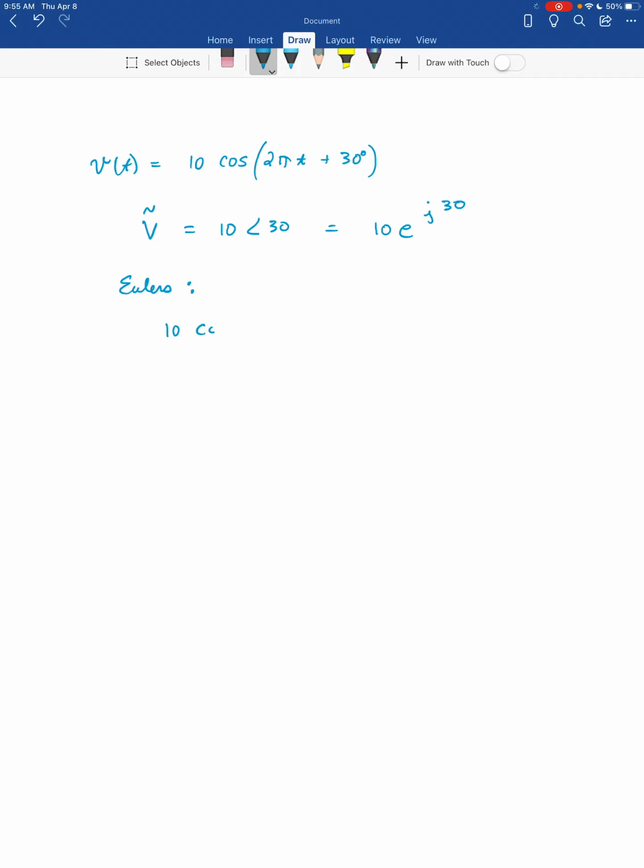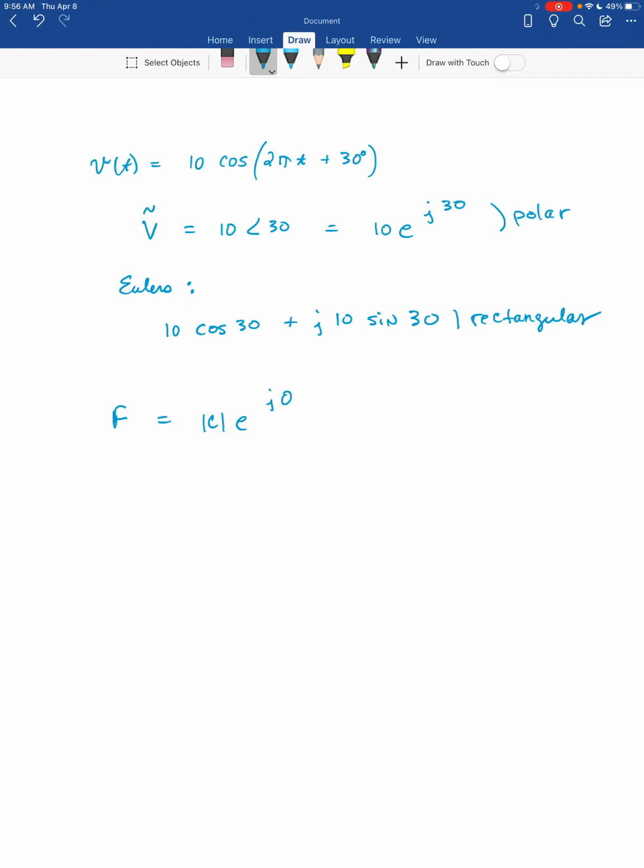And then applying Euler's rule, that is 10 cosine 30 plus j 10 sine 30. So this is polar form. This is rectangular form. So polar form, as a general rule, would be some complex number, and we'll go ahead and call it f.